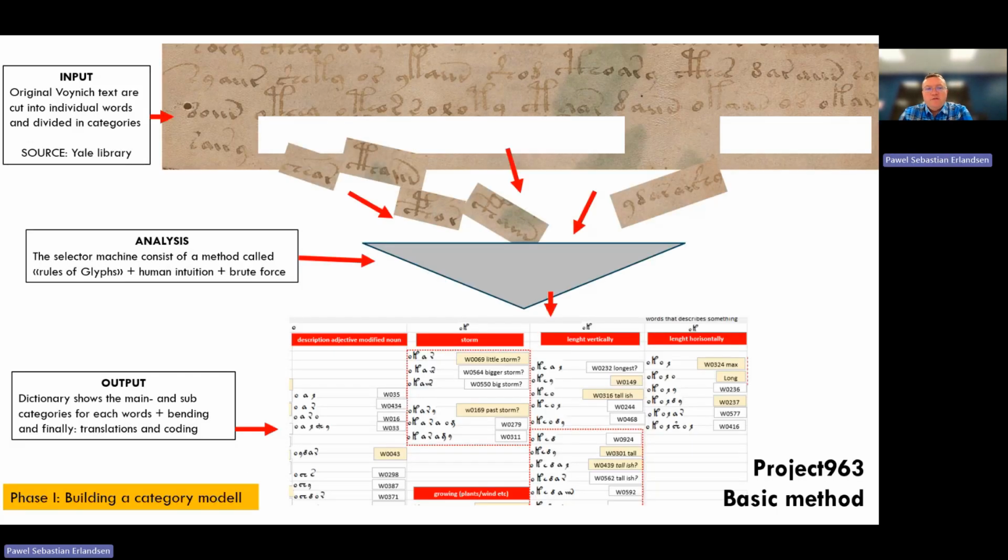The main first part was to find categories. Categories here are based on the first glyphs. There are several glyphs, and initially we tried to categorize by the first glyph. That is the simple start and initial model.